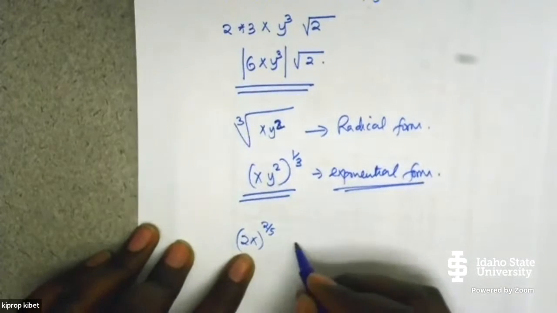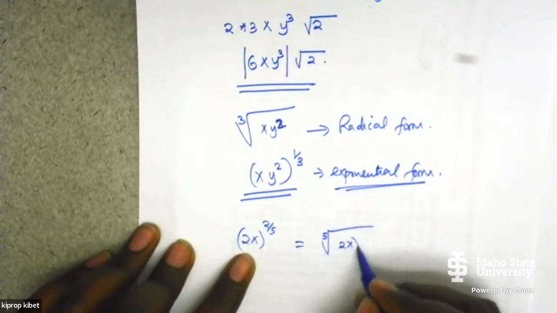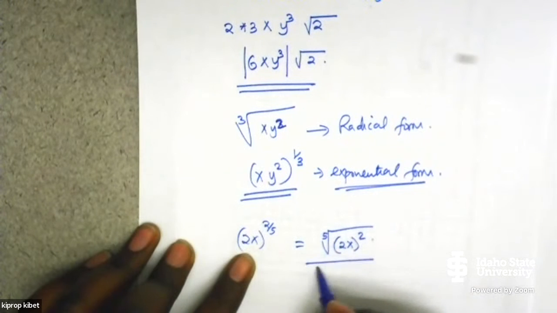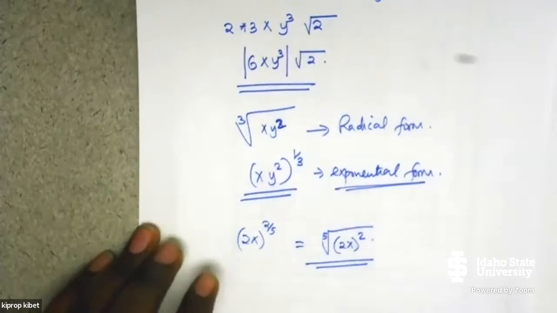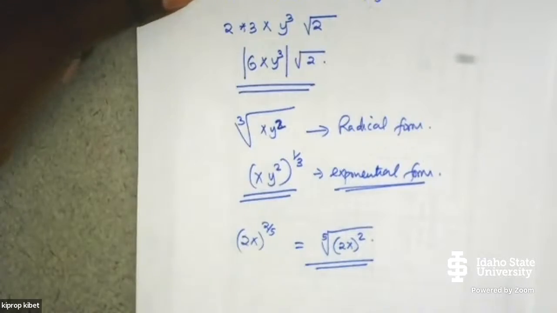It is the same as the fifth root of 2x squared. So that is the radical. Any question?